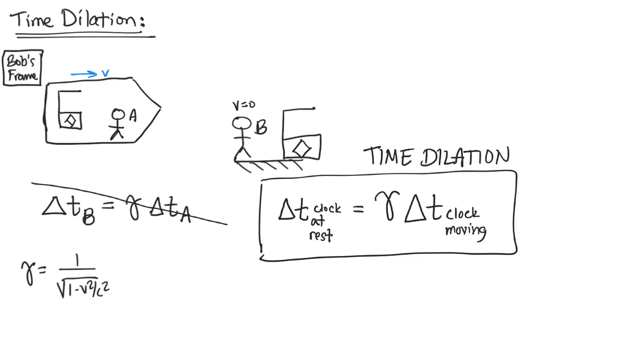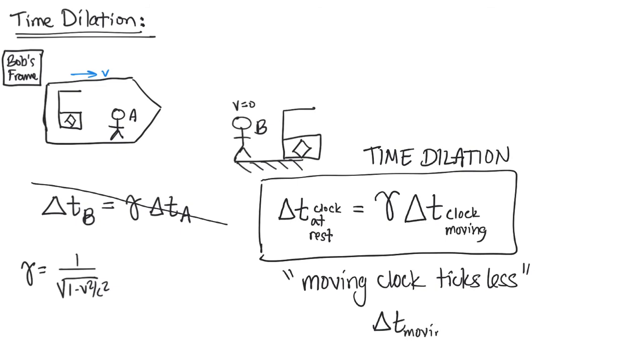Okay. And remember, the mnemonic for this is that a moving clock ticks less. And that's equivalent to saying delta T moving is less than delta T at rest, because gamma is bigger than 1.